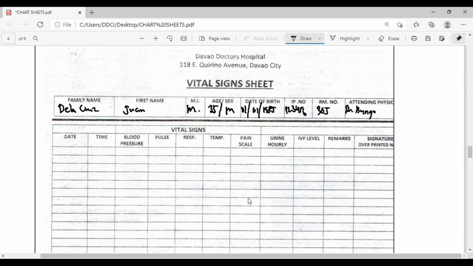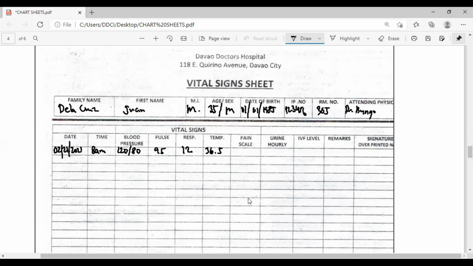For the date, let's say we have February 21, 2021, then around 8 a.m. And you have to write your blood pressure, let's say 120 over 80, pulse is 95, respiratory rate 12, temp is 36.5.